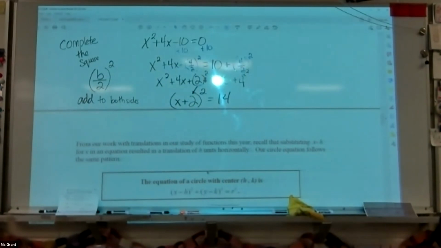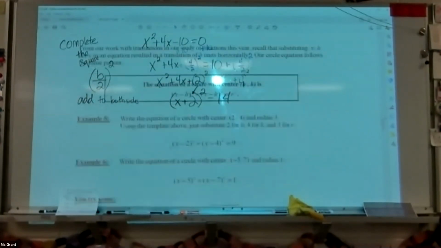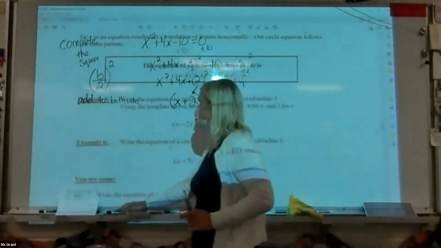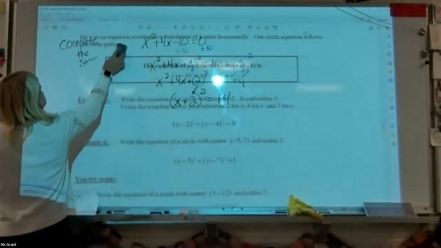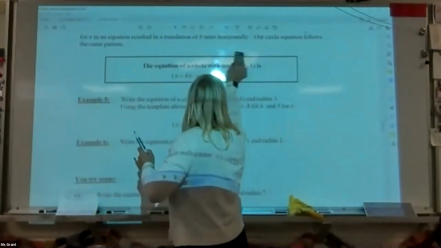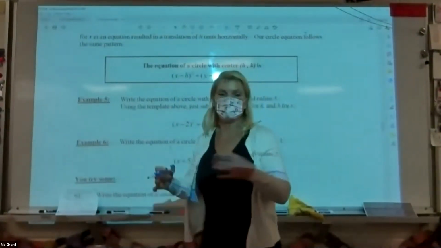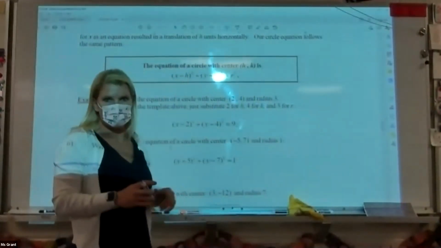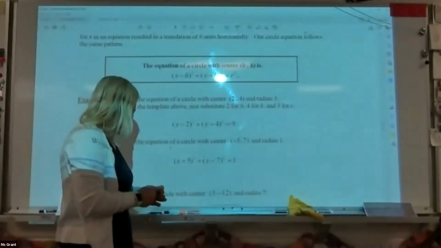The equation of a circle when its center is not the origin, when its center is (h, k). So, here we go. The formula for the circle is very similar to yesterday.